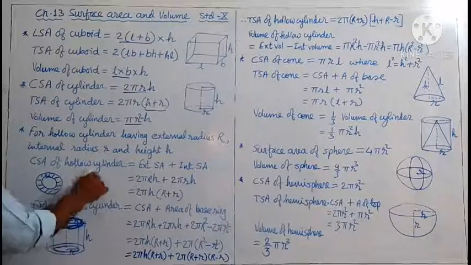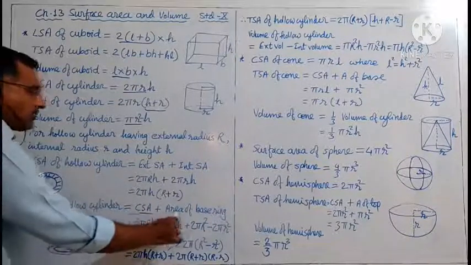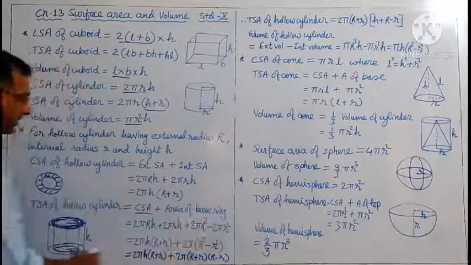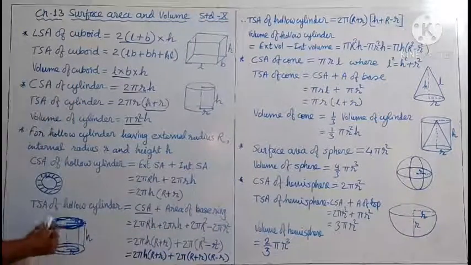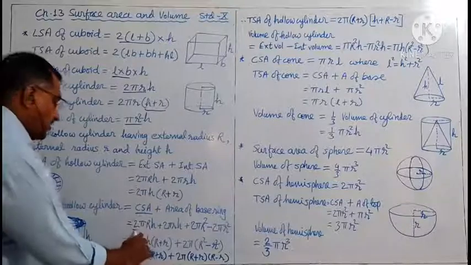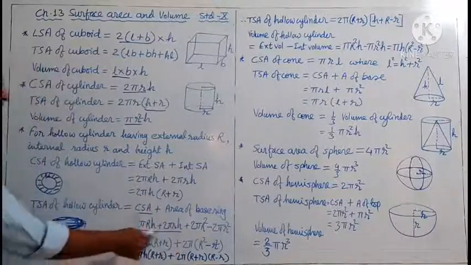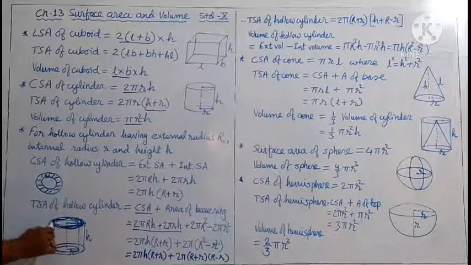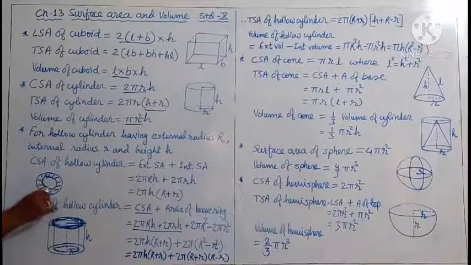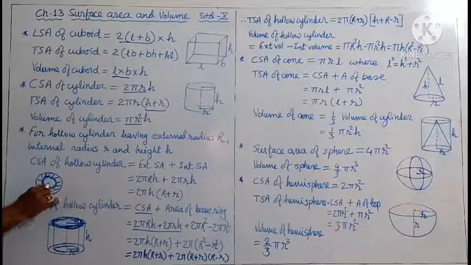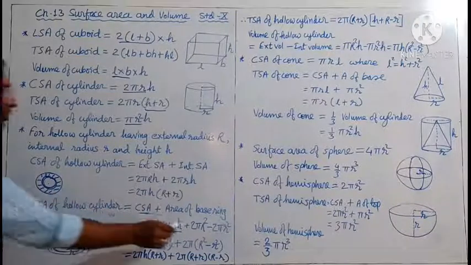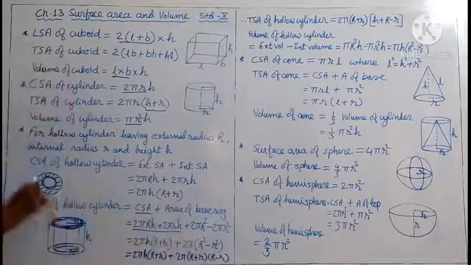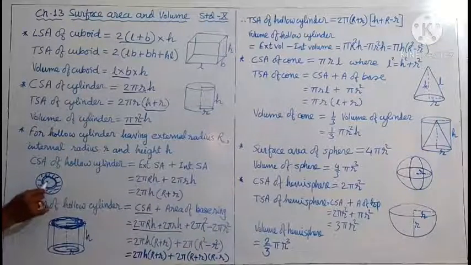So here, first of all, curved surface area of the hollow cylinder plus area of the base ring and the top too. So here curved surface area is given by this formula. Here area of the base ring you can see now, pi R square. This total area is pi R square minus this area, that is pi r square with small value of r. So the total area of this minus the area of this region, then you will get the area of this shaded region, that is the ring.